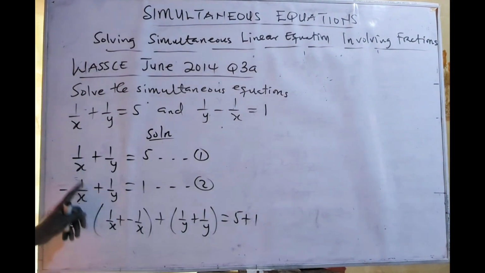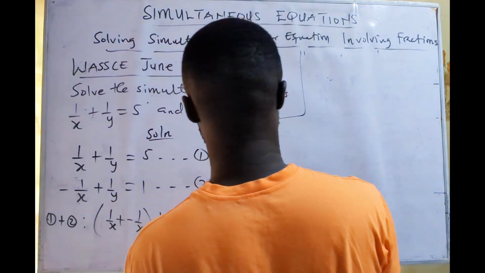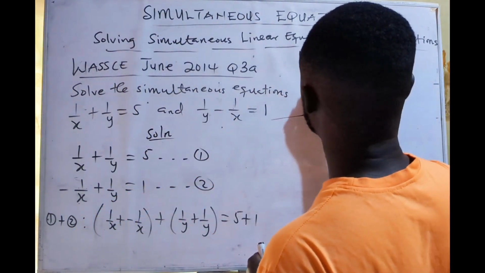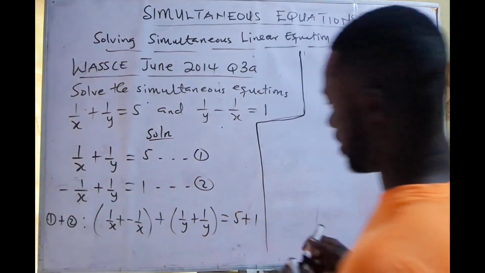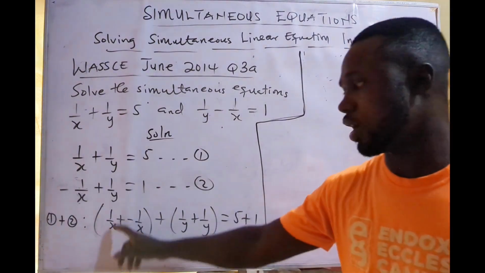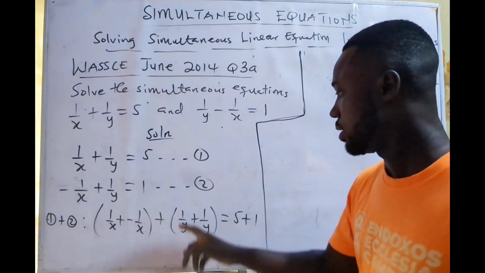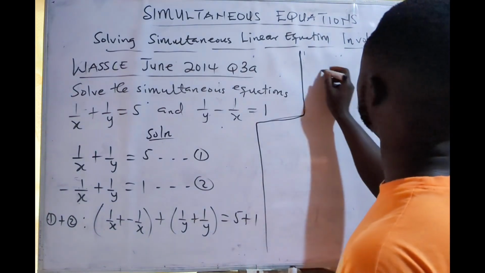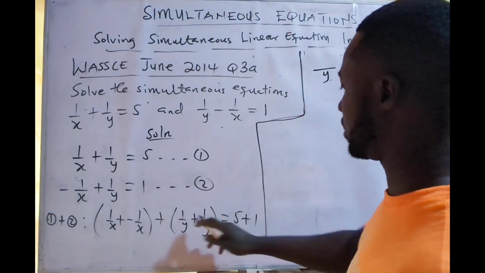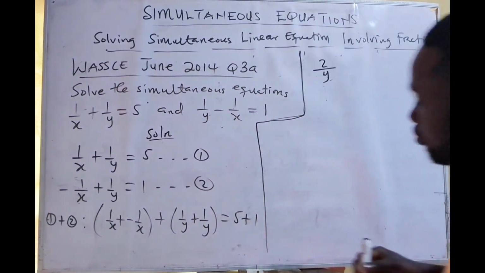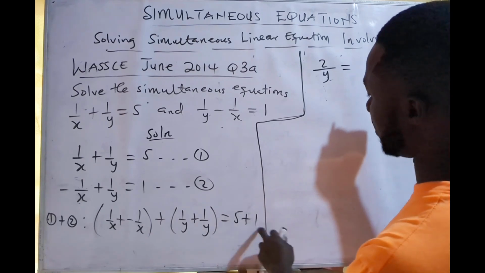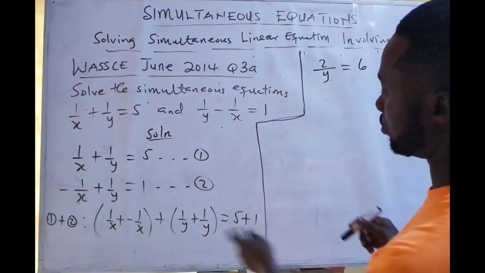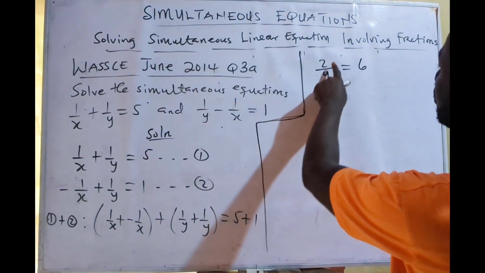So 1 over x plus negative 1 over x will be 0. And I have 1 over y plus 1 over y. Here we have a common denominator, y, and 1 plus 1 gives us 2. So that will be 2 over y equal to 5 plus 1, which gives us 6. So 1 over y plus 1 over y is 2 over y.